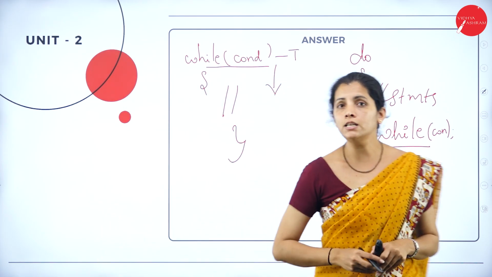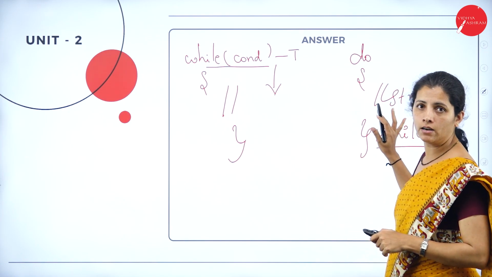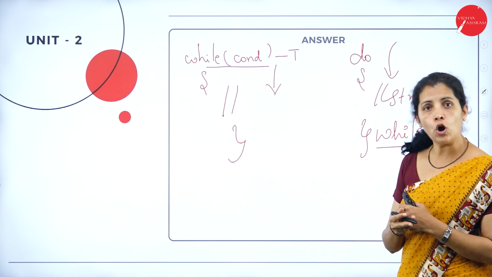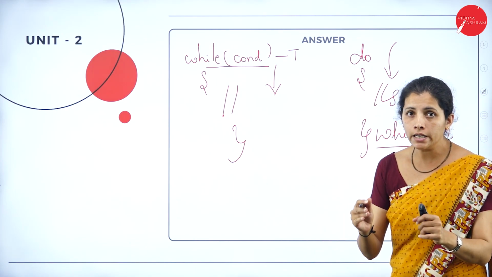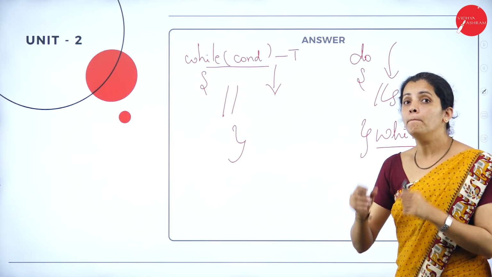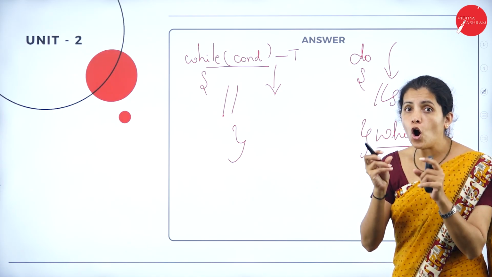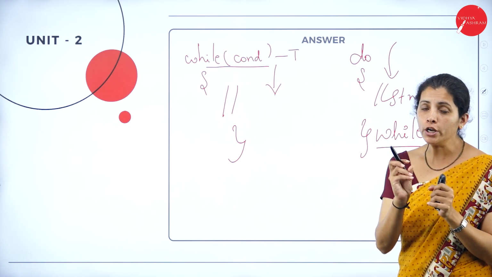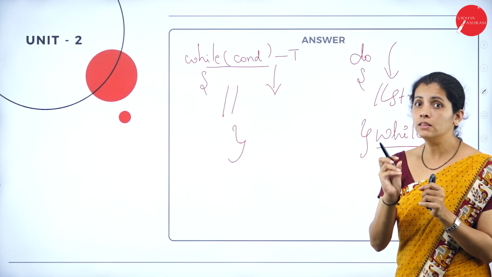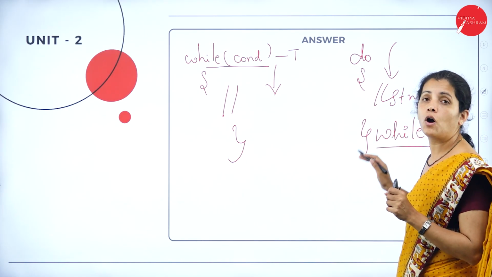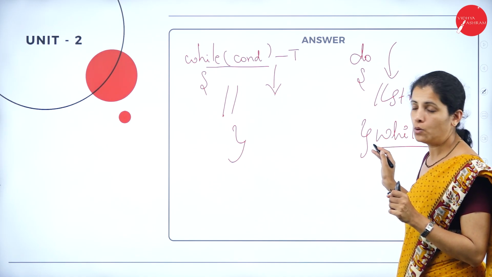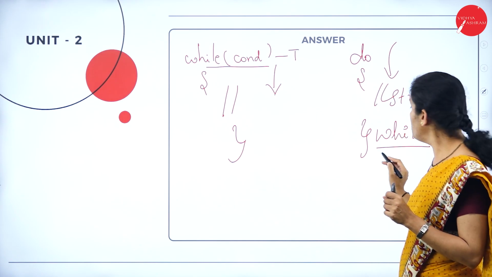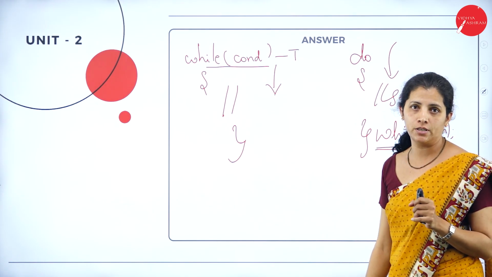Now, if I consider do while, first I am going to enter into the examination hall. I start writing the exam, and in the middle, if the squad comes, they are going to ask me for the ID card or hall ticket. So I am going to write the exam, but in the middle I am going to check the condition.